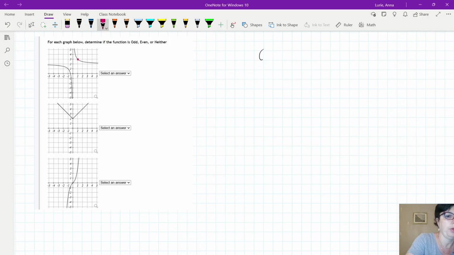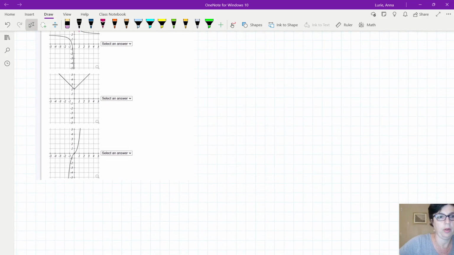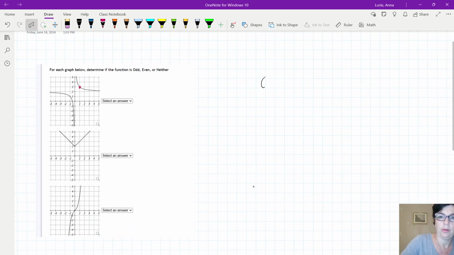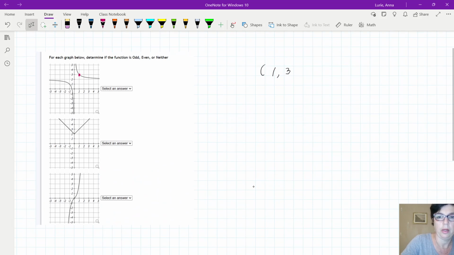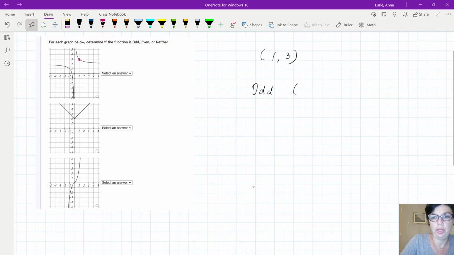So I picked a point right here, and that point is 1, 3. Now, if it's odd, then you will attach the negatives to both of them. So -1, -3 should also be on the graph.